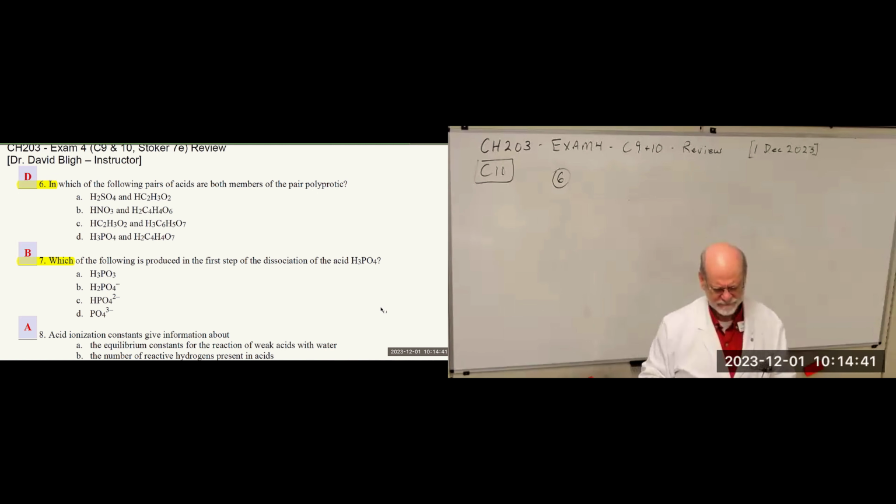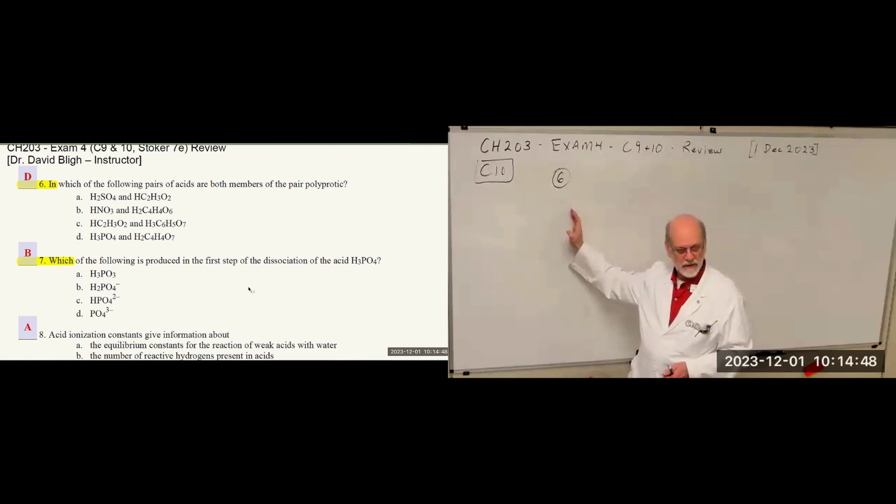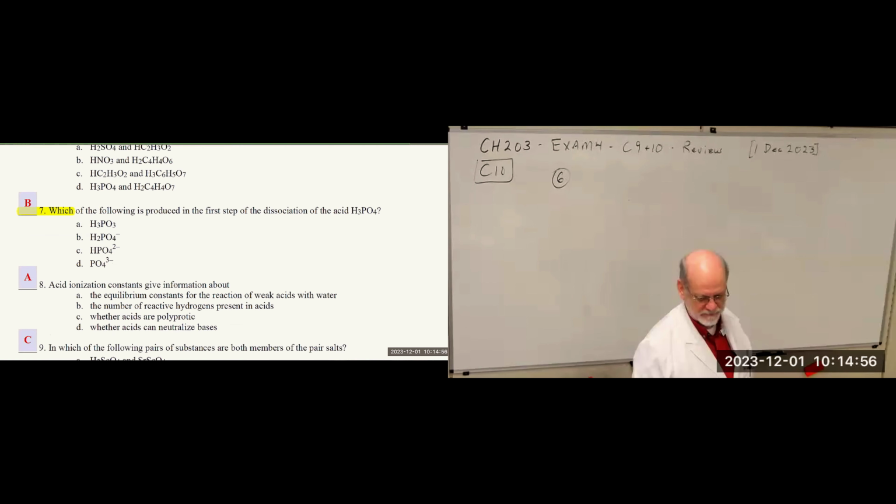Nothing comes to mind. But D is the answer. And you can tell because the first hydrogens in the formula are the acidic hydrogens. We have 3 for phosphoric and 2 for the other one, whatever its name is.